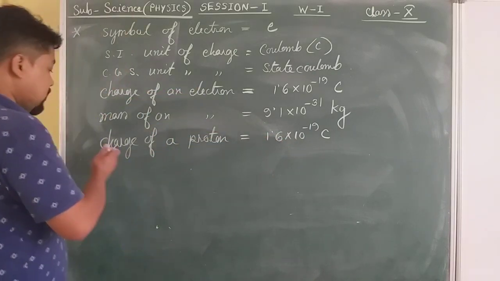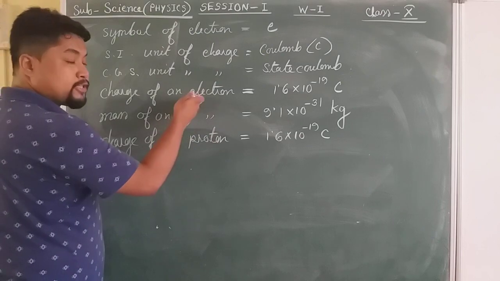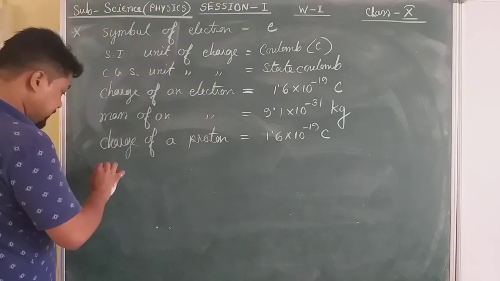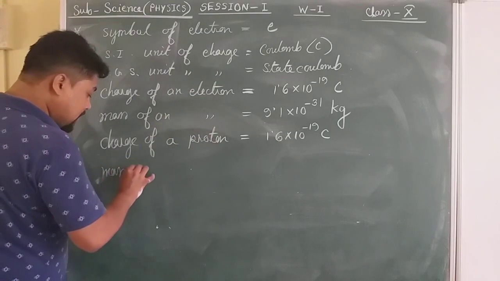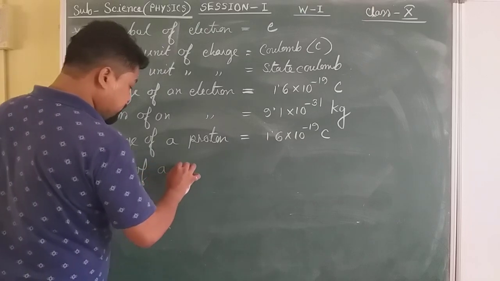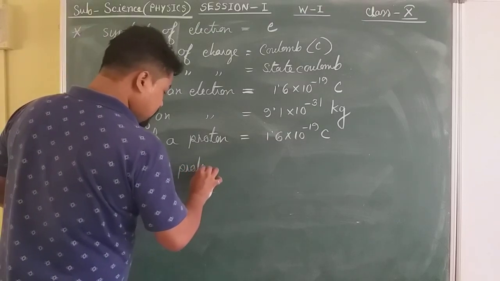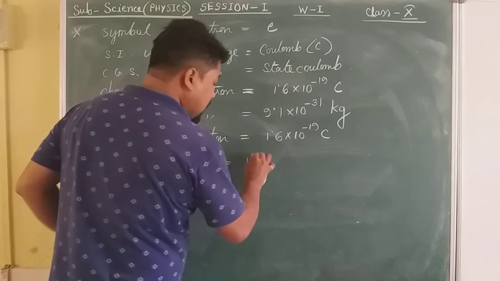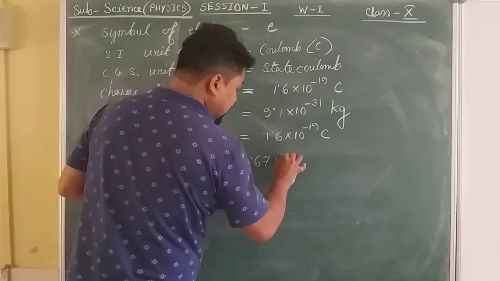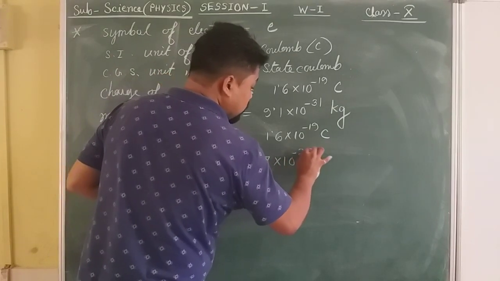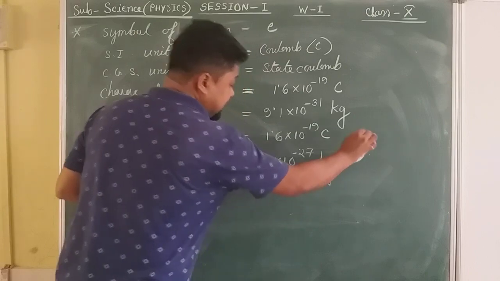Okay, proton is positive charge, electron is negative charge. Similarly, mass of a proton is 1.67 into 10 to the power minus 27 kg.